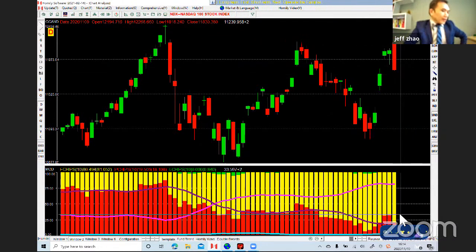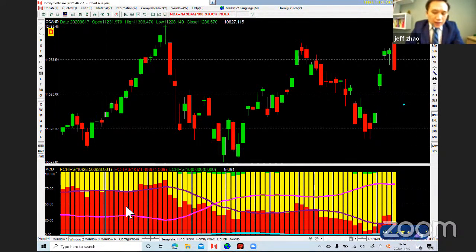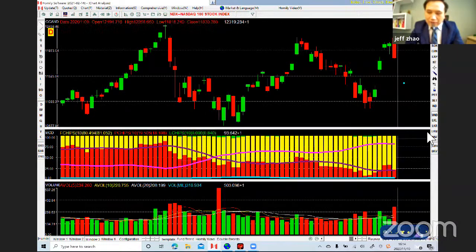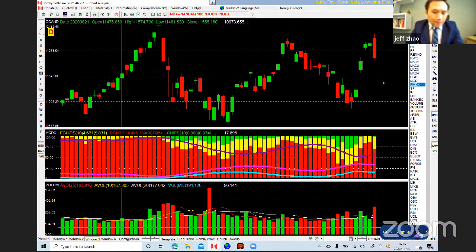For the local market, now more and more hot money flows into the Malaysian market. So now we need to focus on the foreign funds, especially for the blue chips and the index shares. We want to know whether there's a hot money inflow or not. You need to use the MCDX, multi-color dragon X. Okay.